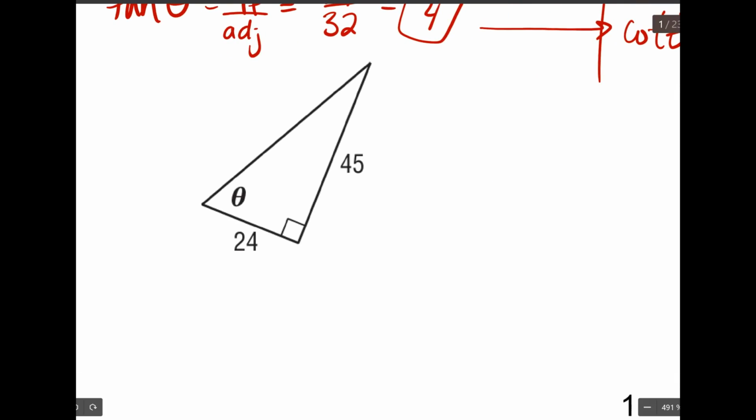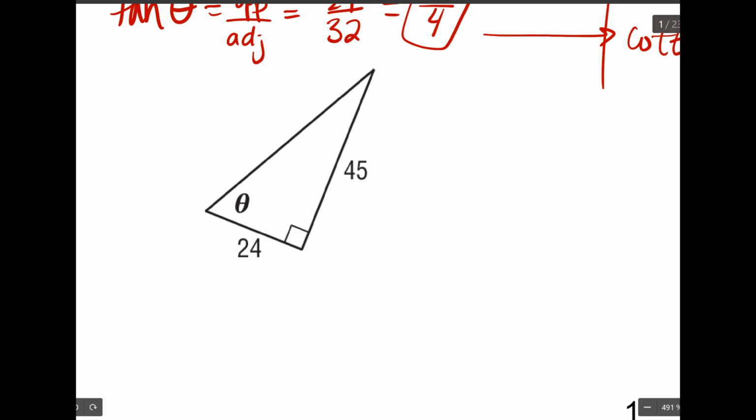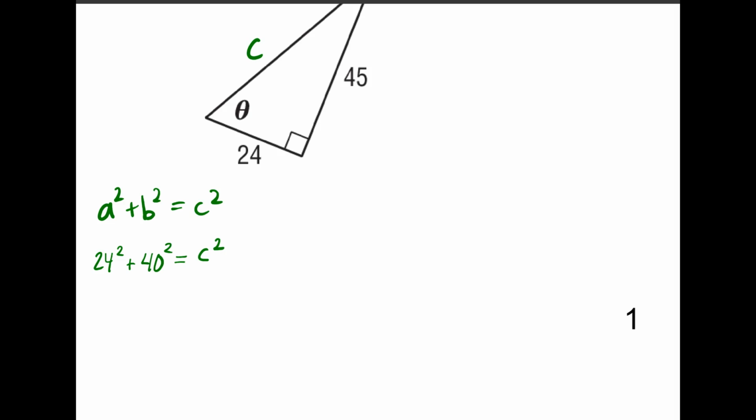Oh my god, look, we already have the angle figured out for us. But how do I figure out the hypotenuse? Oh, okay, and what do you call this? Pythagorean theorem, and this is my C length. So I need to figure it out. So 24 squared plus 45 squared.